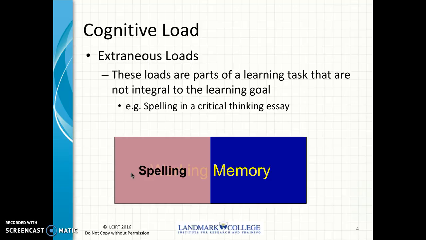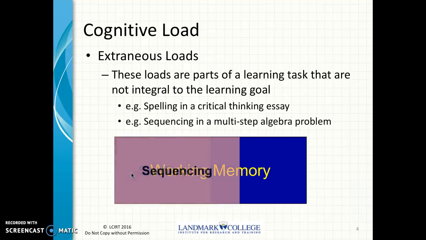So spelling would be an example of one extraneous load because it's not part of our goal. Our goal is to help students develop critical thinking. It's not necessarily something that's not worthwhile. It certainly is worthwhile, but it's not our particular learning goal in this instance. And so for this particular task, it would be an extraneous load.